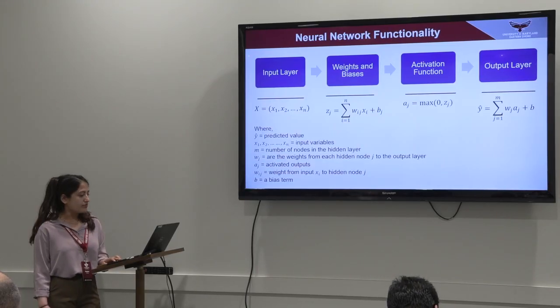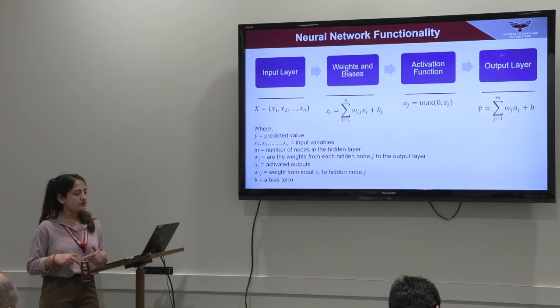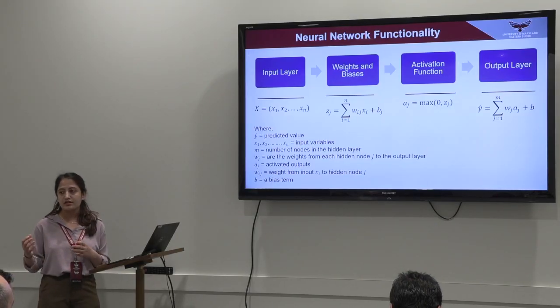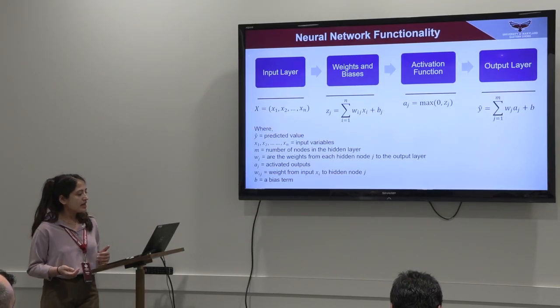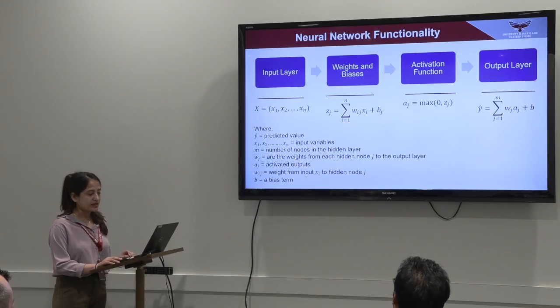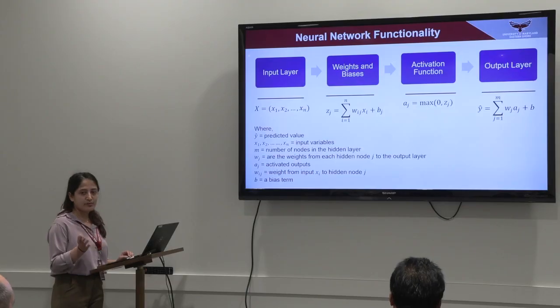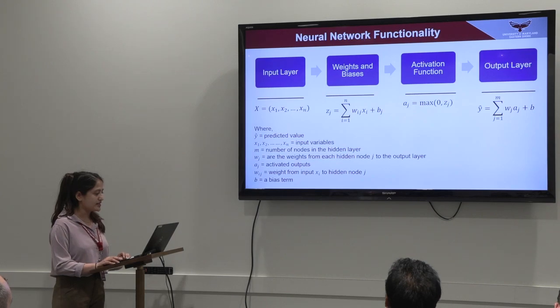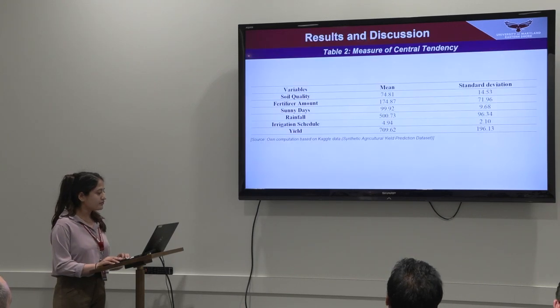And the loss function is used to determine how far the actual result is from the predicted result. And the output layer is where the computation takes place to make the final prediction. It is a form of back propagation, which keeps on adjusting the weights and biases in order to improve the predictive accuracy of the model.